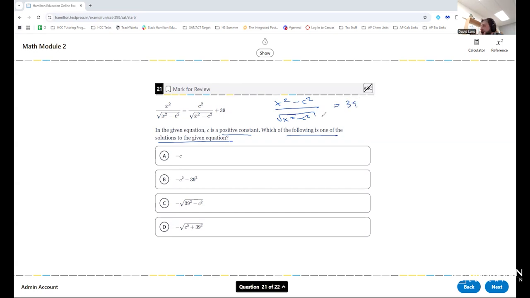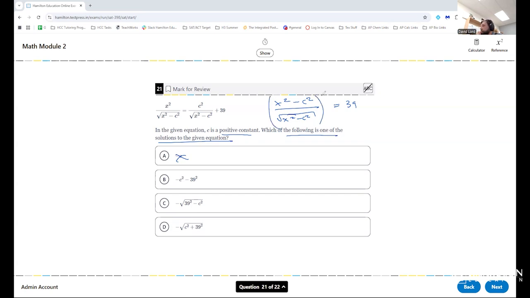So what can I do next from here? Well, I want to square both sides to get rid of the radicals. But we could also do process of elimination to eliminate answers that can't be. For example, it cannot be negative C or positive C because that would make the denominator 0. And we can never divide by 0.